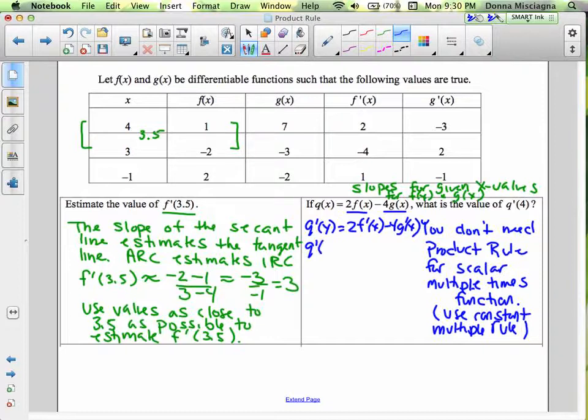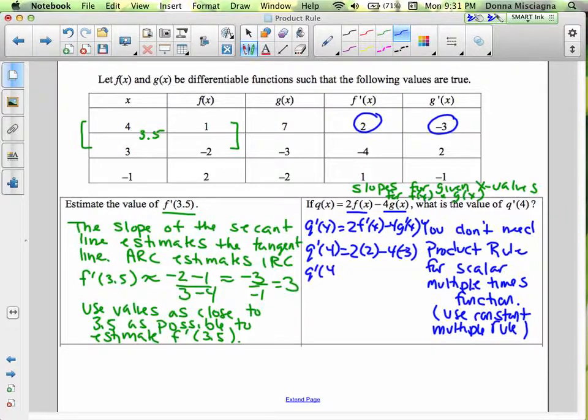So q prime of x, and we want q prime of 4. So q prime of 4 is 2 times, just follow along here, and so here's 2. 2 times 2 minus 4 times negative 3. That's all there is to this one.